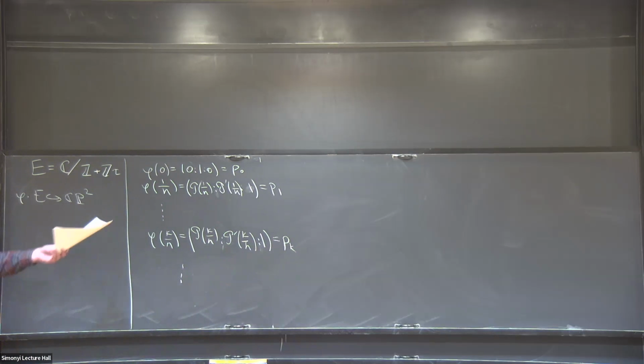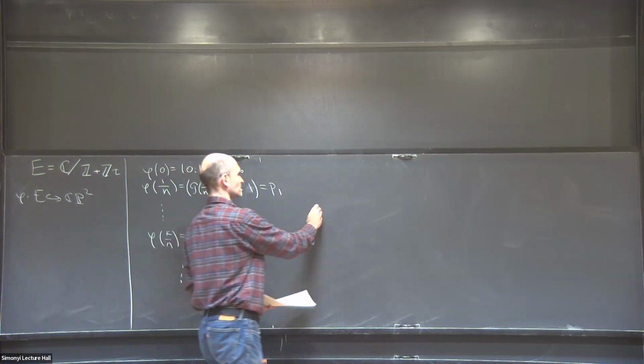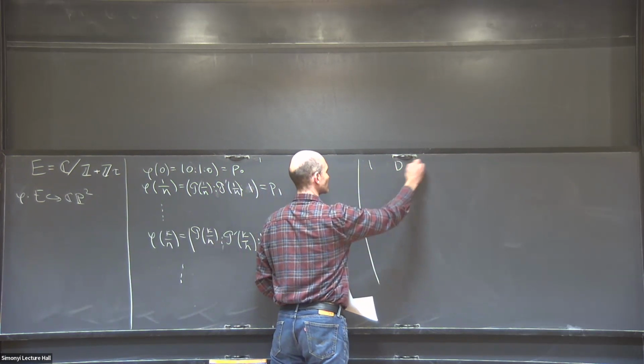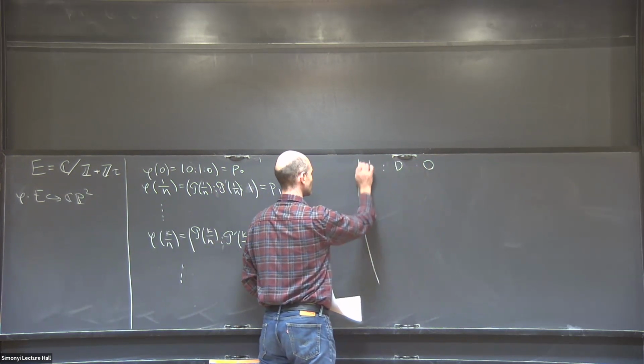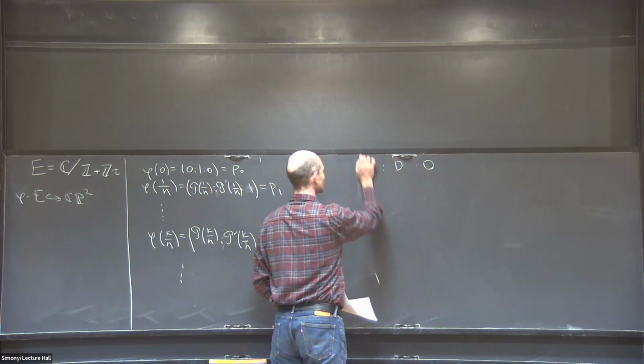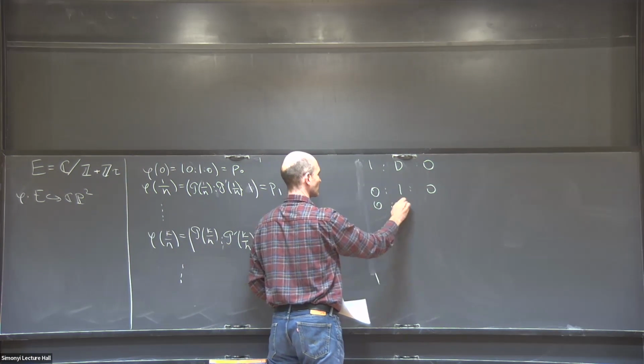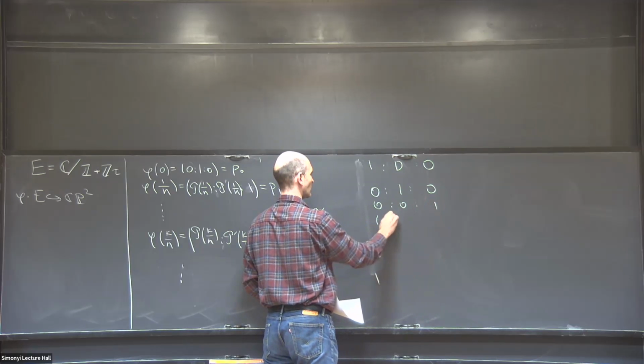But then what you do, you take these endpoints and put them in standard form, meaning you take a PGL3 action to make the first 4 points into 1, 0, 0; 0, 1, 0; 0, 0, 1; 1, 1, 1.